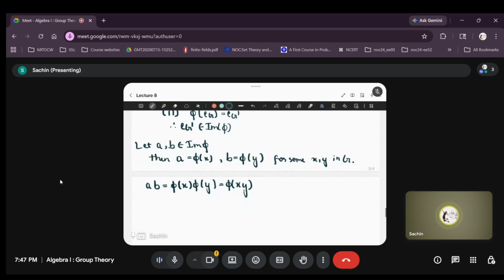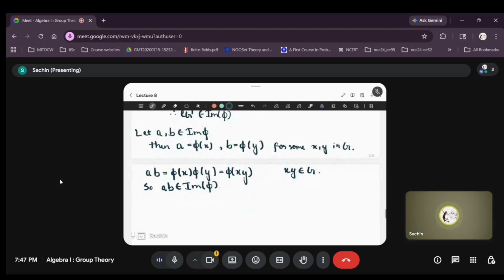And since X and Y are in G, and G is a group, X Y is in G. So A B is in the image. So the image of phi is closed.